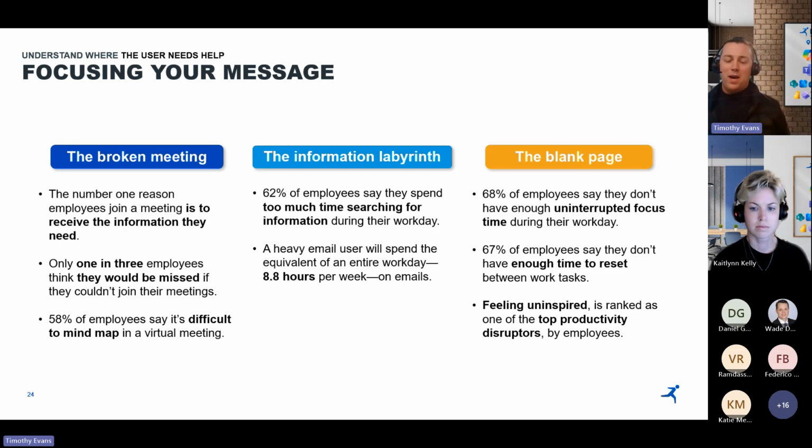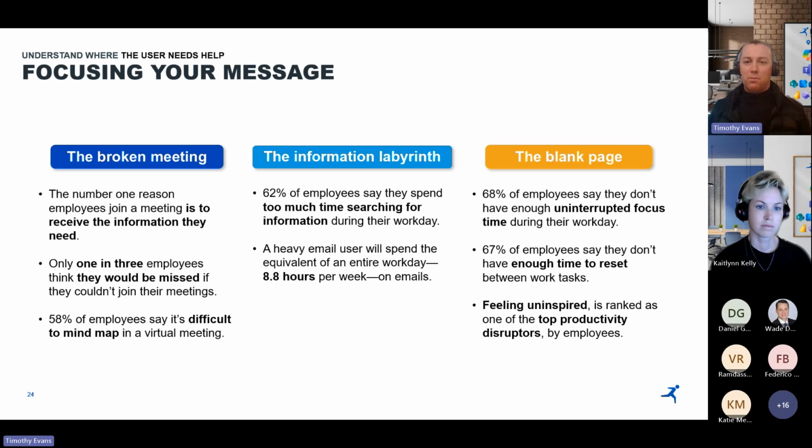So when we think about folks in too many meetings, the number one reason employees join a meeting is to receive the information or key information that they need. But if there are too many meetings, we can't be everywhere at once. And when we think about our work trend index, we saw that 58% of employees say it's really difficult to mind map in that virtual meeting.